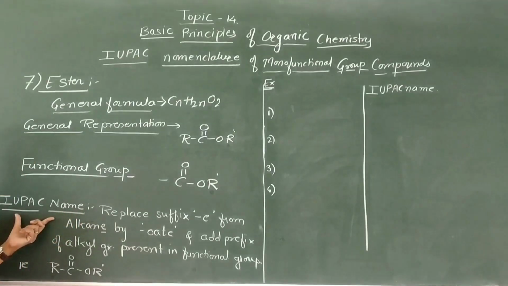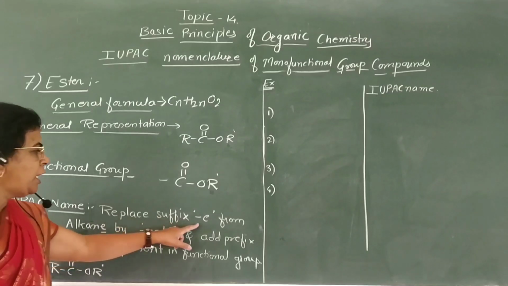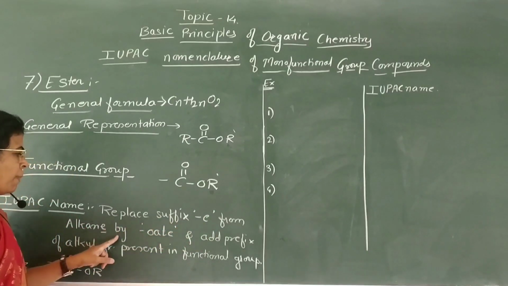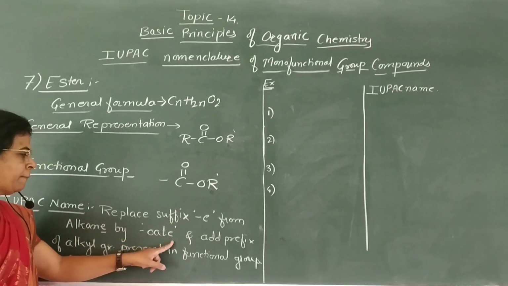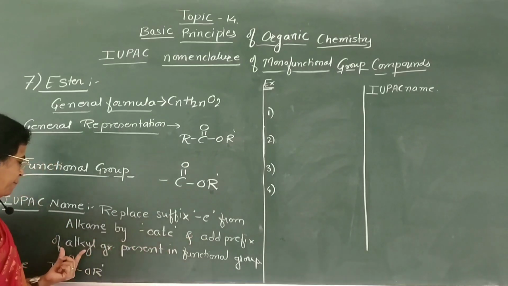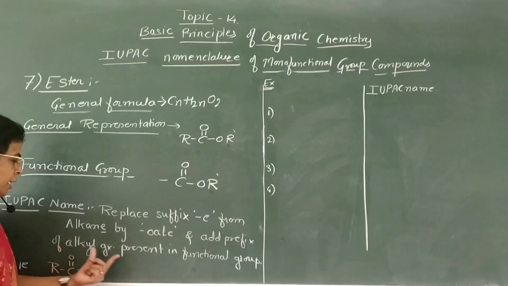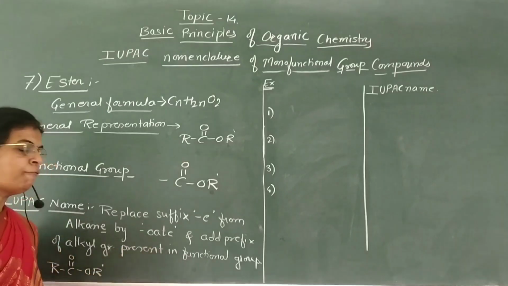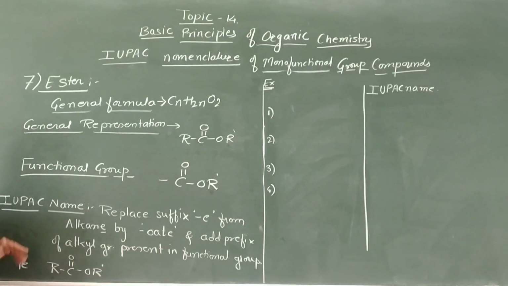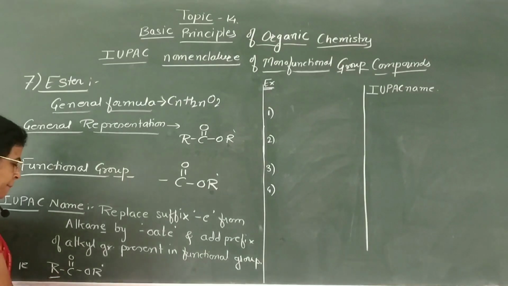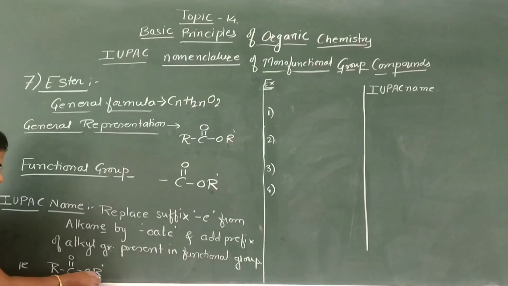Now here IUPAC name, how it is given? Replace suffix E from alkane by OATE and add prefix of alkyl group present in the functional group. That is, here first consider this R as an alkane, and due to presence of this ester group, replace suffix E from alkane by OATE and add prefix of this alkyl group.